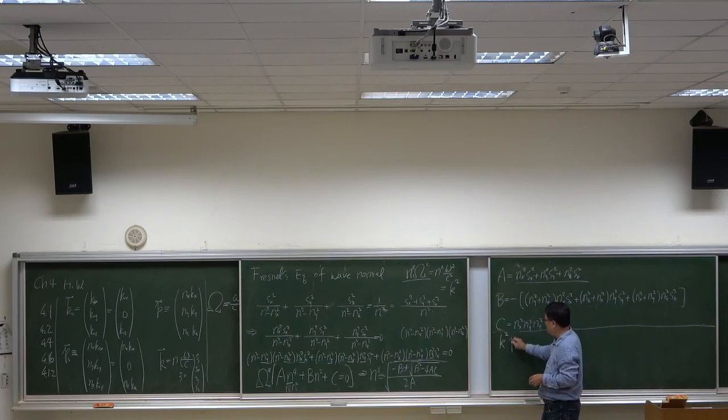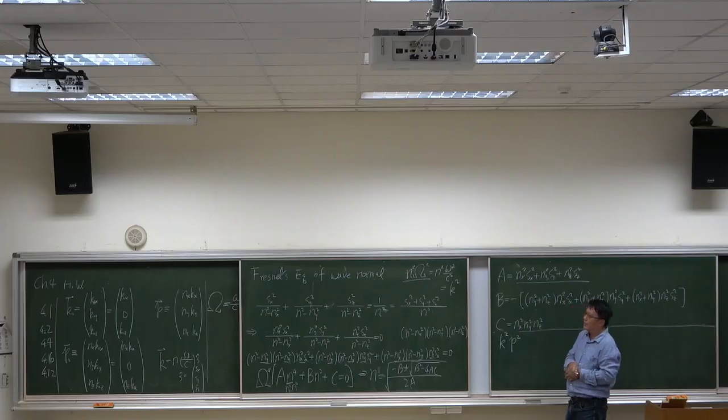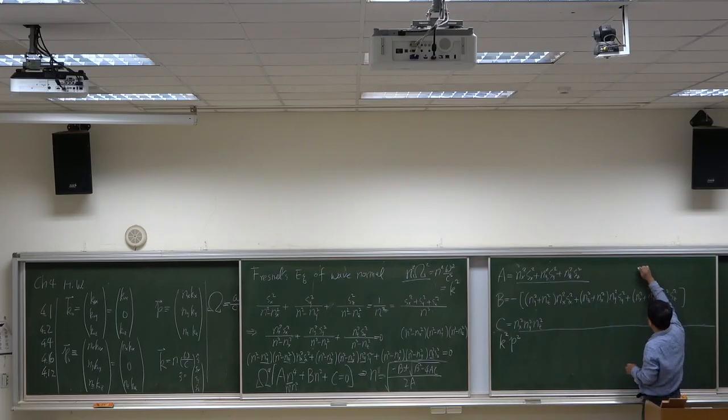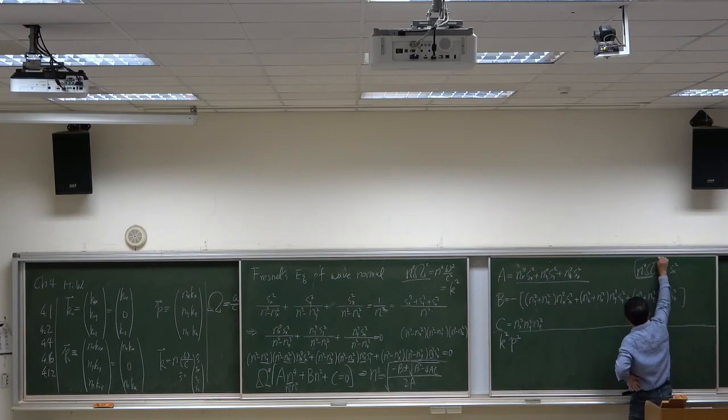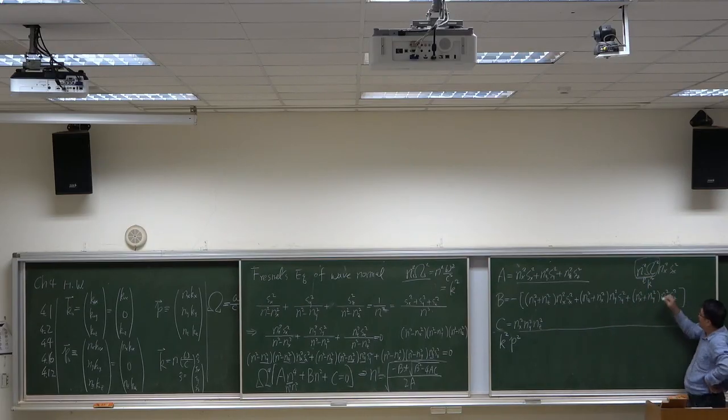This is just p squared, because n squared times omega squared times nx squared times sx squared is k squared, and k squared times sx squared gives us kx squared.